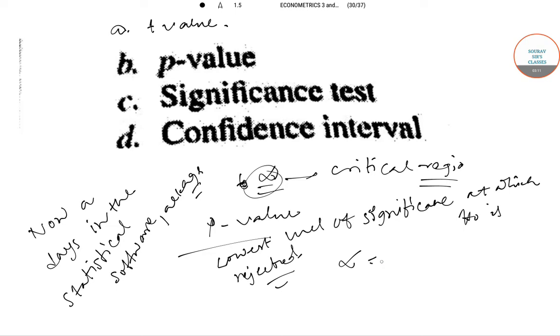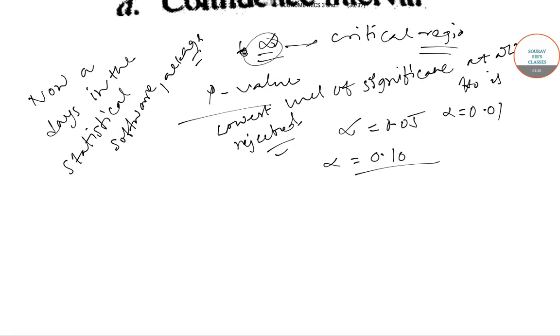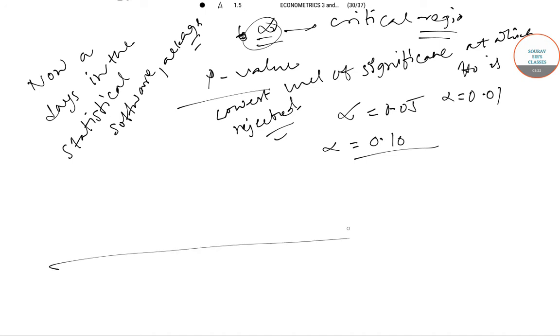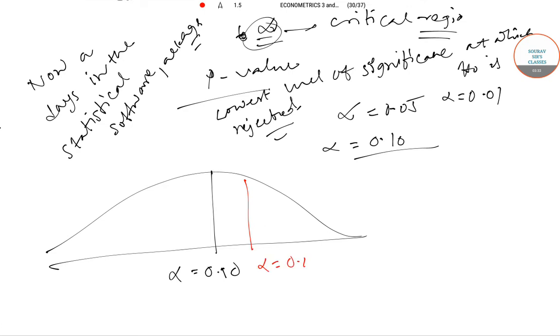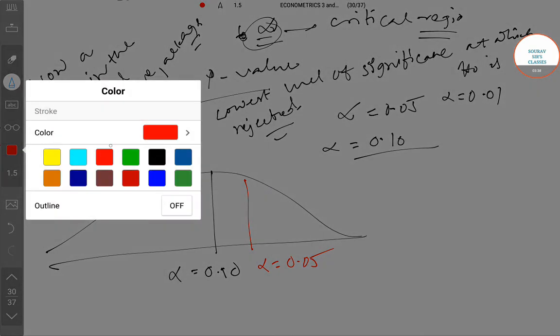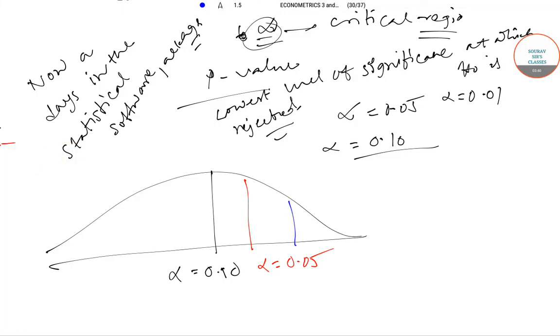Suppose alpha is equal to 0.05, 0.01 and 0.10. We can write it like this: alpha 0.10, then alpha 0.05 and alpha 0.01.